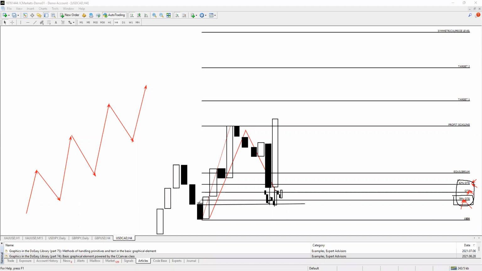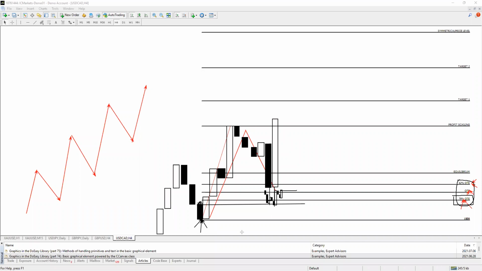It sits on the open of the last bearish candle for price going bullish. So when this happens, you enter your buy somewhere here, and your stop loss is going to be on the low of the order block.